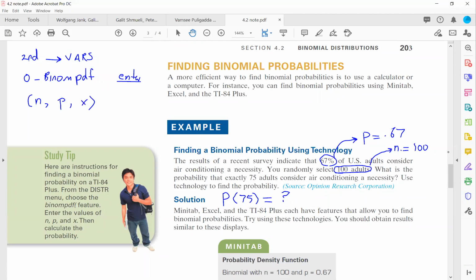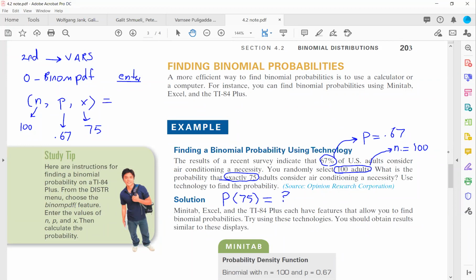What is our N in this case? N is 100, the total number of trials. P, the success, is 0.67. What is my X? It says exactly 75. So 75 goes here. If you're using TI-83, you can use parentheses and put 100, 0.67, and 75.